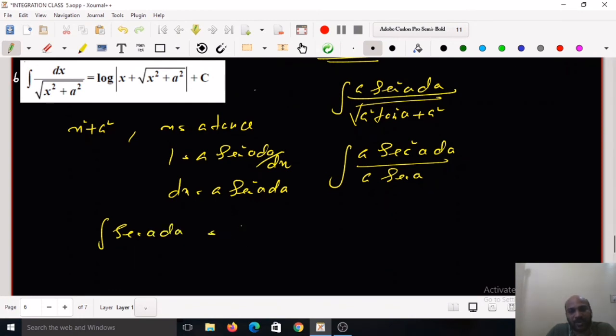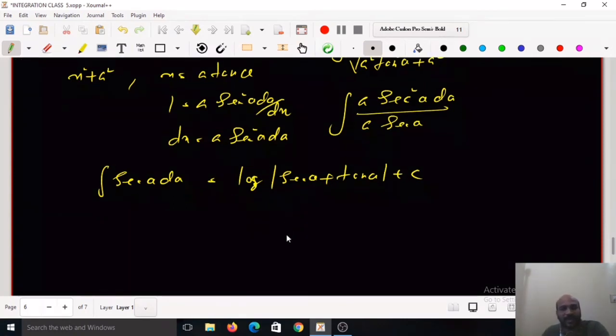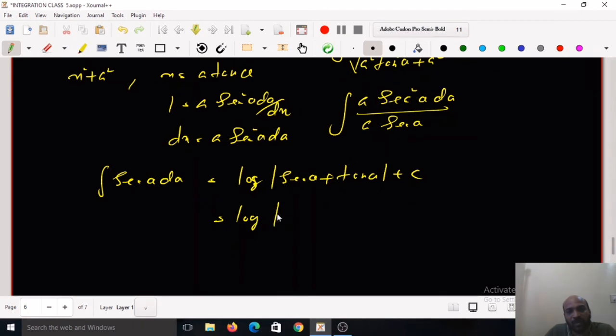That is log mod sec theta plus tan theta plus c. Here tan theta is x by a. So sec you have to express in terms of tan. So we will get log mod, sec is root of 1 plus tan square theta, plus tan theta plus c.